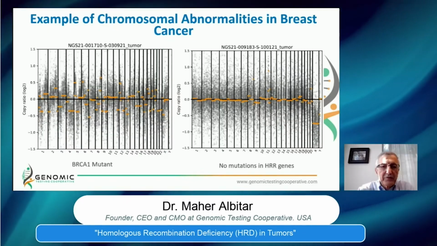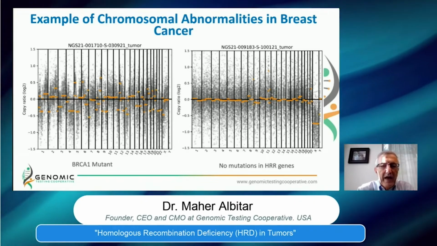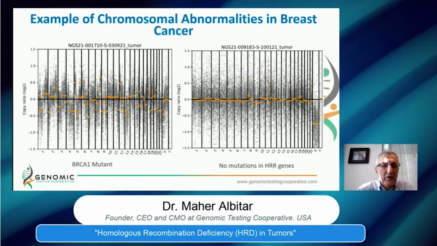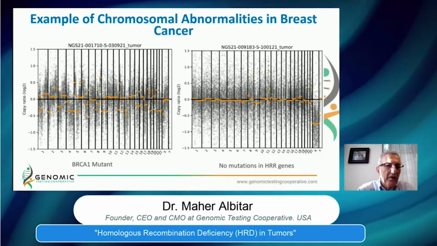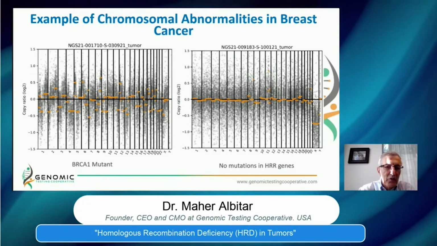Now, this is an example of what we see in terms of DNA scarring. So this is a diagram showing the chromosomes.